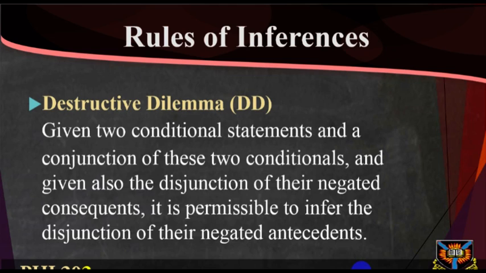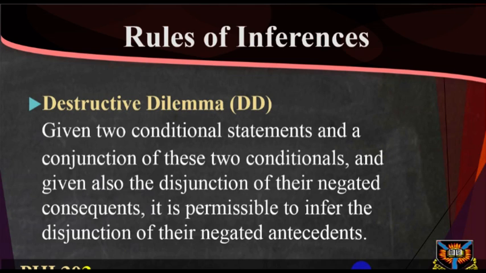For example, the rule of modus ponens can be applied to the following argument: If A or B and C, then D or E. A or B, then C. Therefore, D or E.